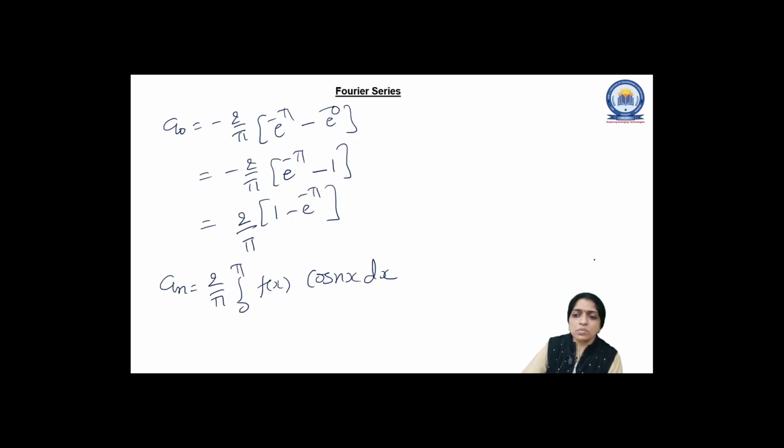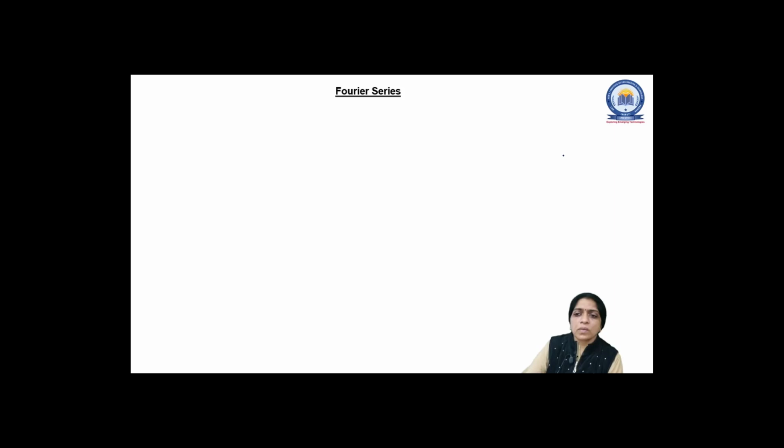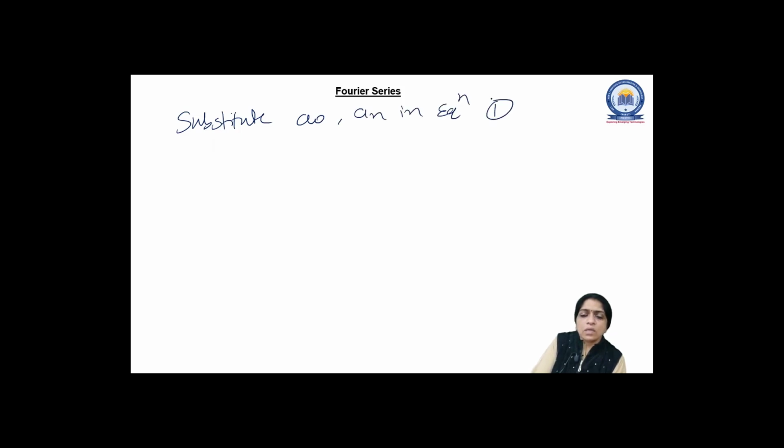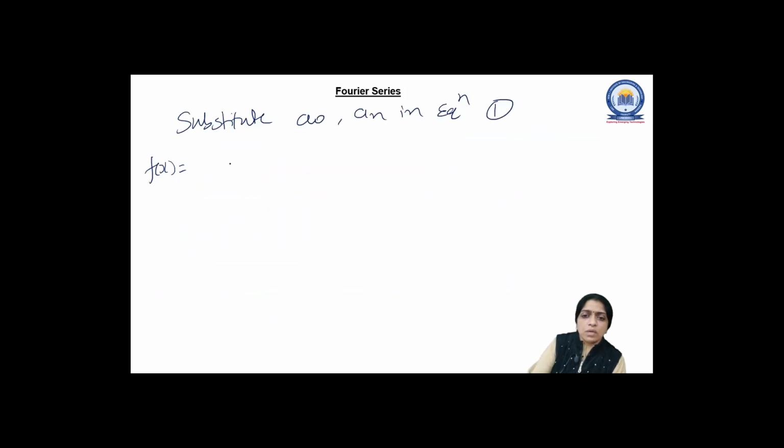Now I am going to substitute the values of a0 and an in equation 1. So our equation 1, that is f of x, and the value of a0 is here 2 by pi times 1 minus e raised to minus pi, whole by 2, right?